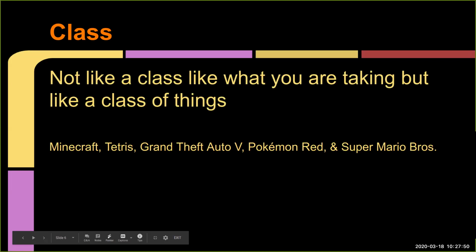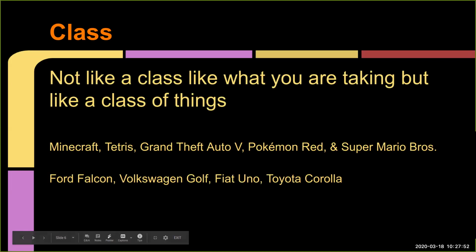Okay, what about these? What are these all classifications of? Cars. Yeah, these are all instances of cars. And so what might we store? What might be the private parts of these? Their name, their manufacturer, maybe their price.